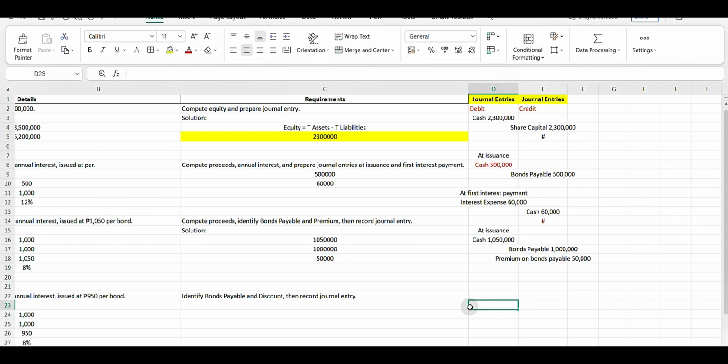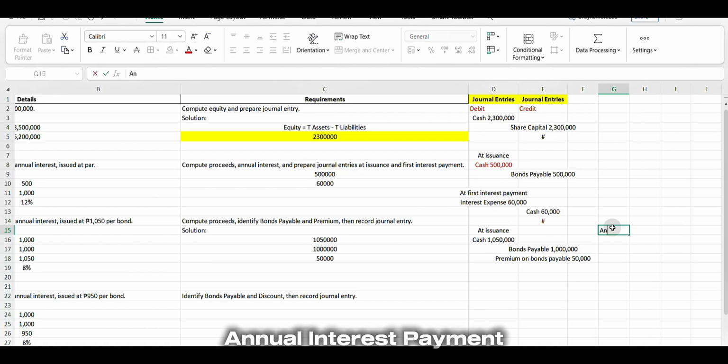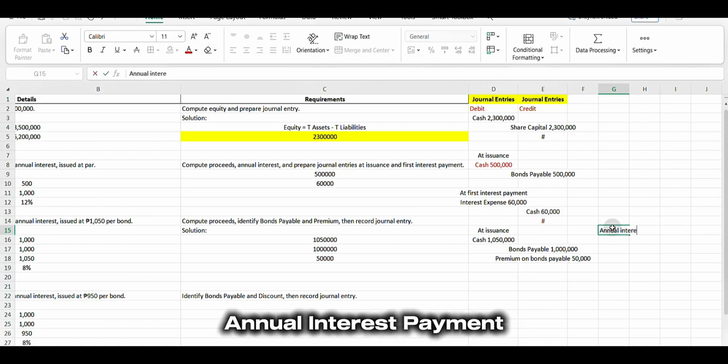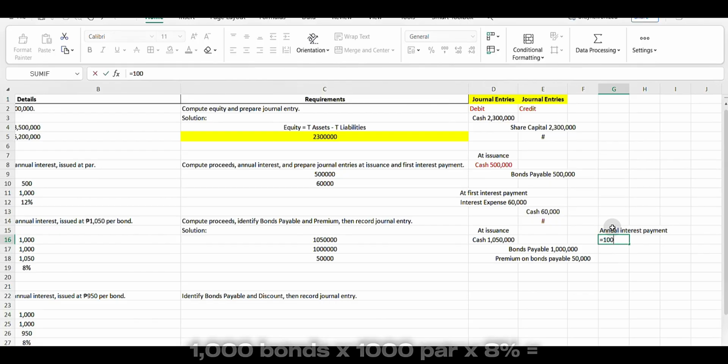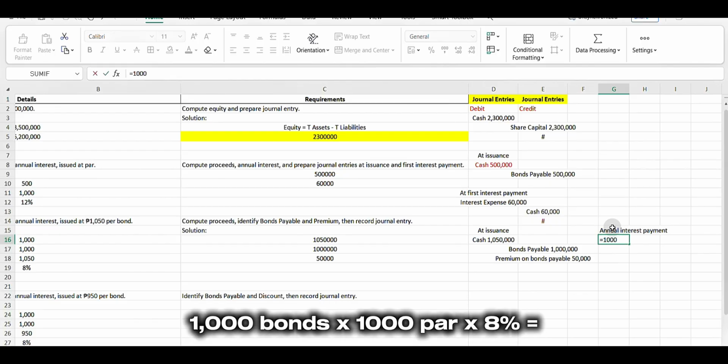Now, of course, for the annual interest payment, just to make it clear for you guys, to compute it again, you just need to follow the formula. So this is for the annual interest payment. That is 1,000 bonds multiplied by the par value 1,000, multiplied again by the interest rate, which is the 8%.